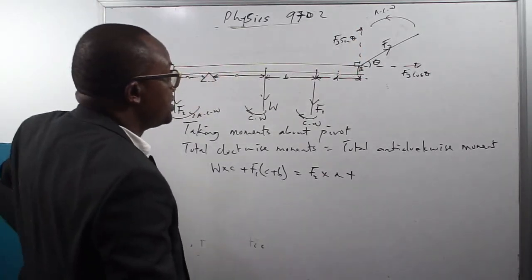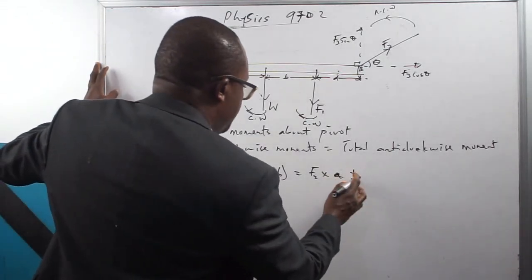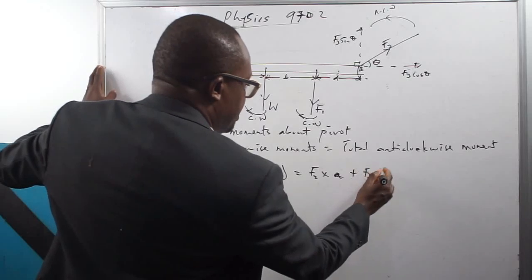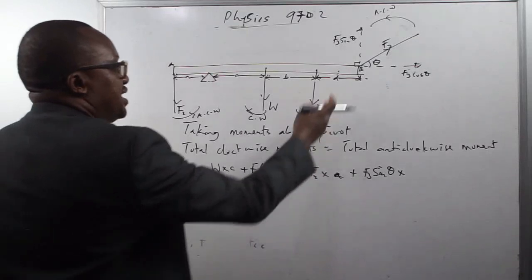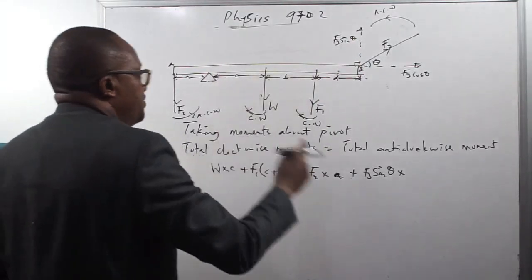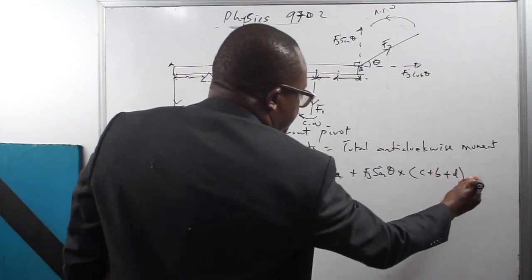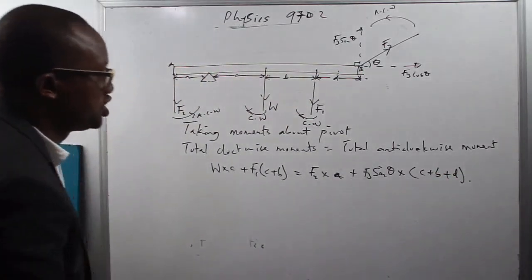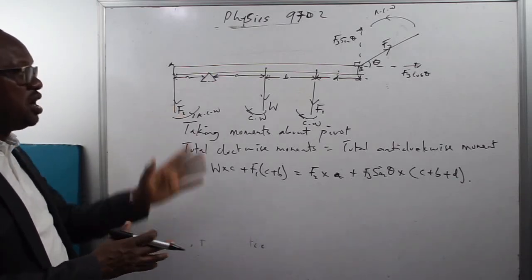So I'm going to write plus F3 sin theta multiplied by the perpendicular distance of F3 sin theta from the pivot, which is what? C plus B plus D. So that is just a simple expression on how to take the moment of all the forces about the point.